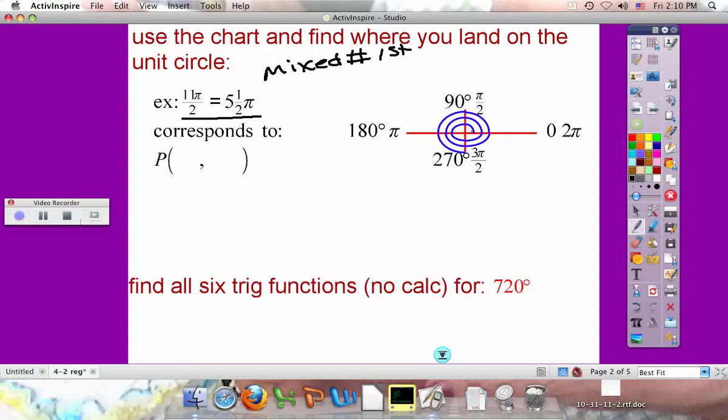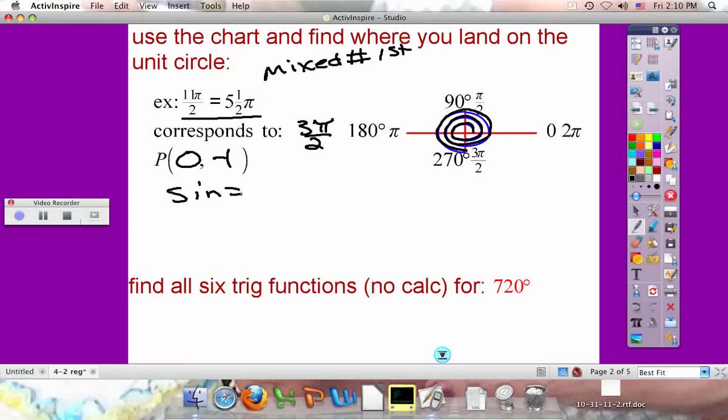So let's start. 1 pi, 2 pi, 3 pi, 4 pi, 5 pi, and a half. And we finally end up at 3 pi over 2. And the coordinate points at 3 pi over 2 are 0 and negative 1. So from there, you have all 6 functions.